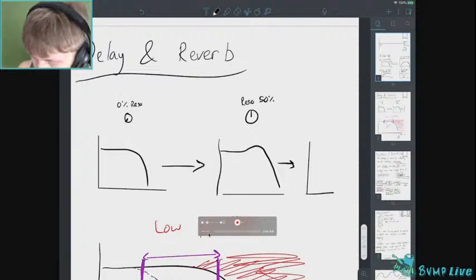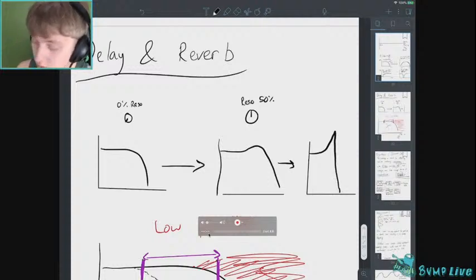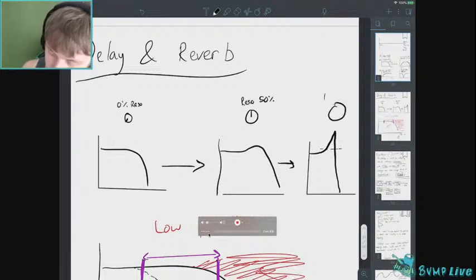And then up here, if you had it all the way up, you would get a very pronounced peak, and it would be quite a bit louder there. So this would be like resonance 85 to 90% or so.